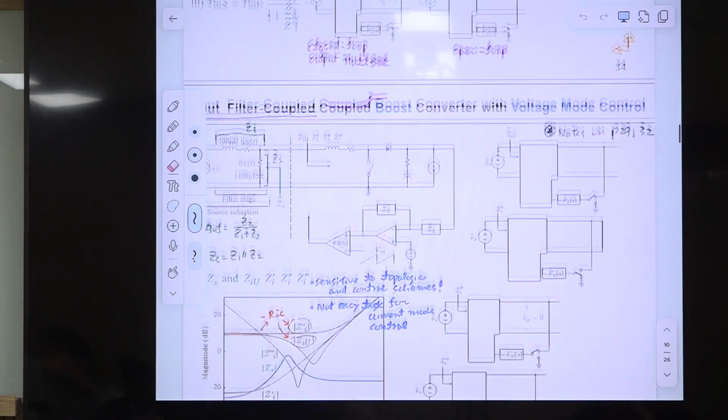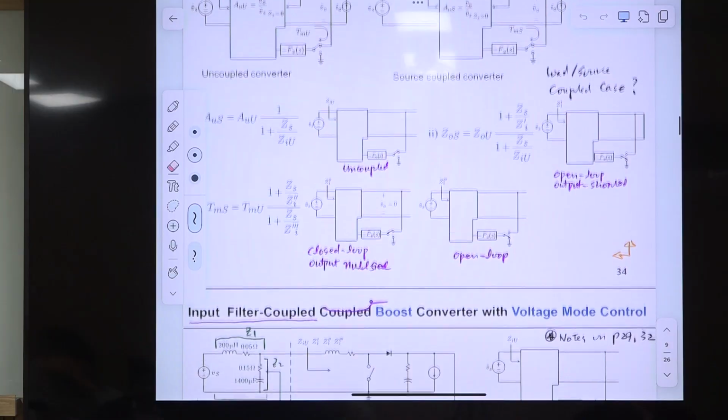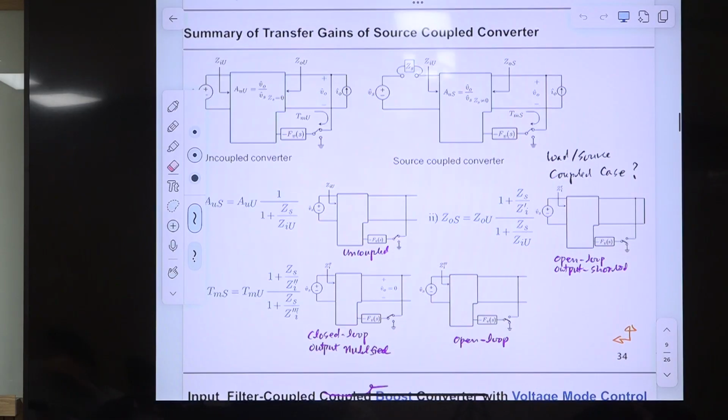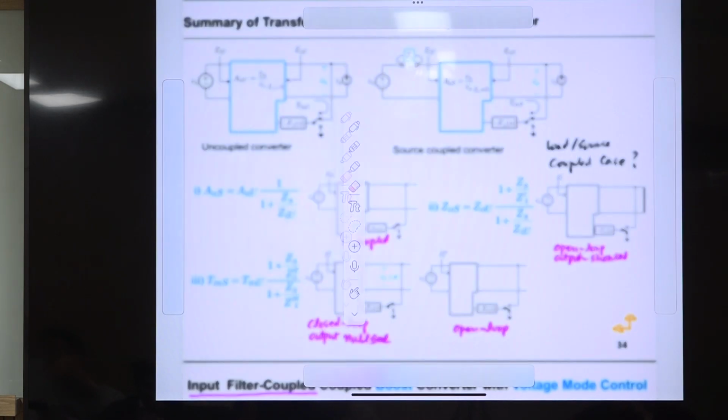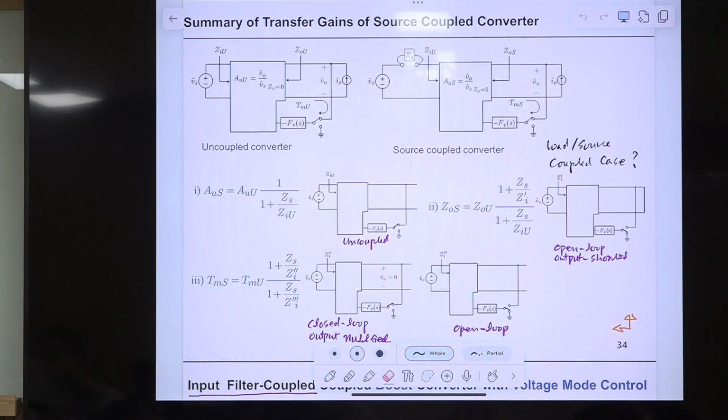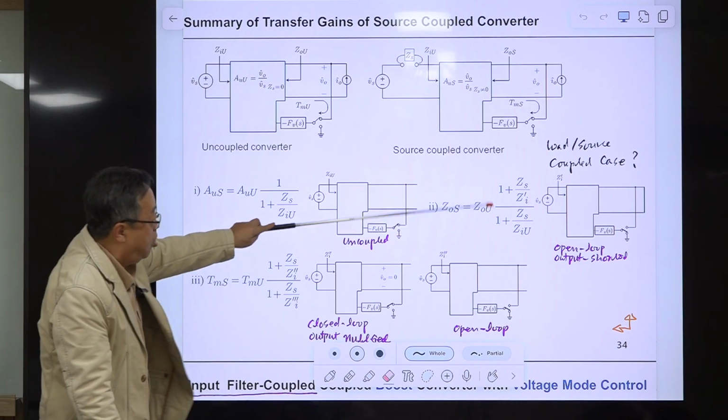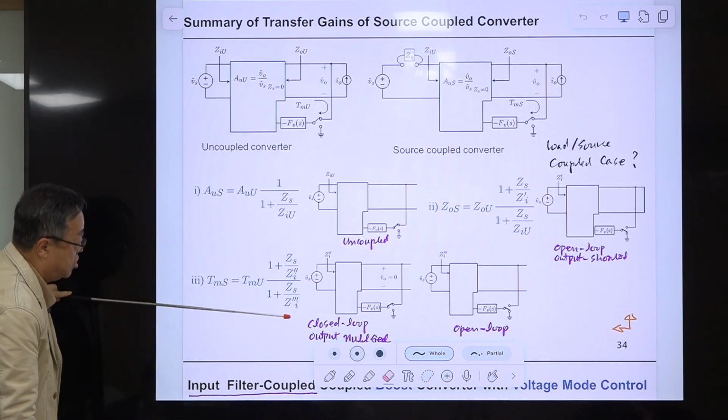This one was the last lecture slide. So, a summary: the transfer function of the source coupled converter. This is the final result. This one is easy. This one has two terms, and this has two terms here.